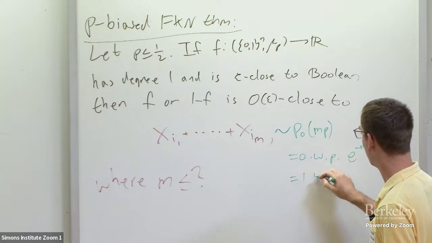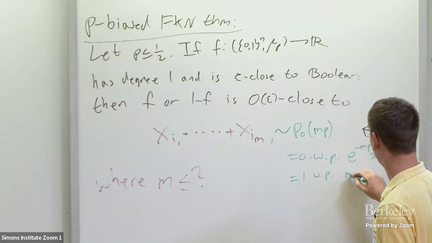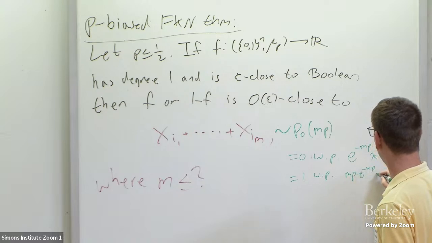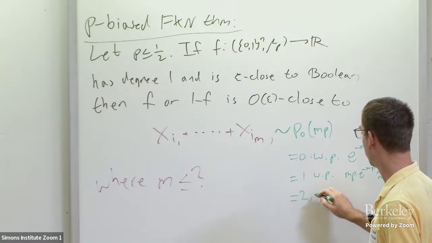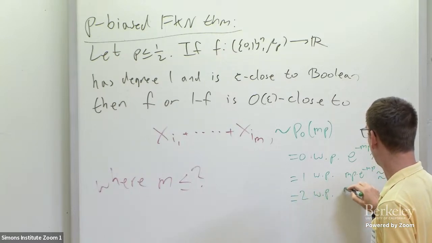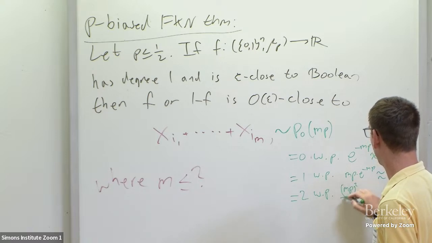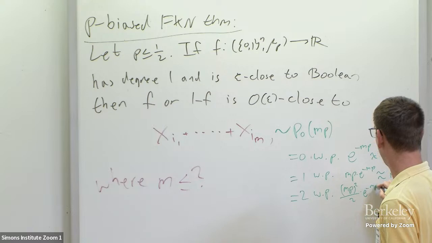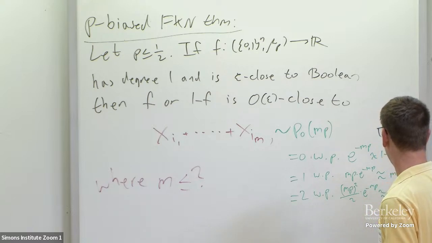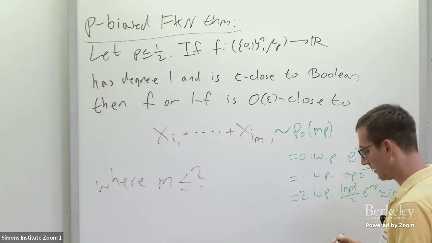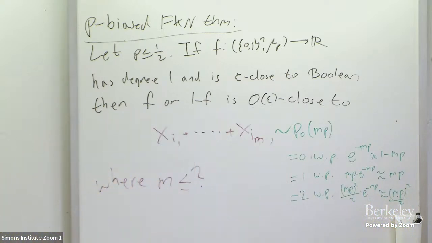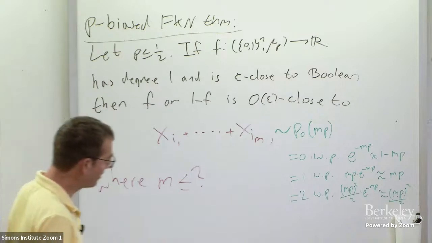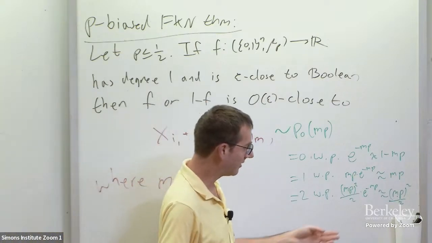It's equal to 1 with probability mp times e to the minus mp, which is roughly mp, and it's equal to 2 with probability (mp) squared over 2 times e to the minus mp, which is roughly (mp) squared over 2. As we take higher and higher numbers, we get even less and less probability. So the probability that we're not Boolean is roughly (mp) squared.